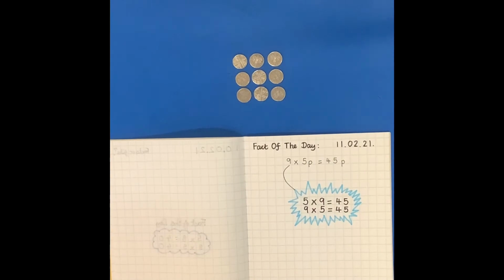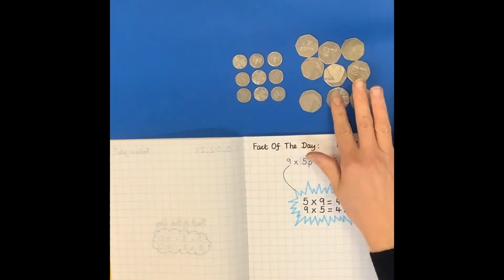Some of you are getting quite good at writing what we call mega facts. So we start to use little single digit numbers to make facts using what we know and using them for bigger numbers. And I'll show you what I mean.